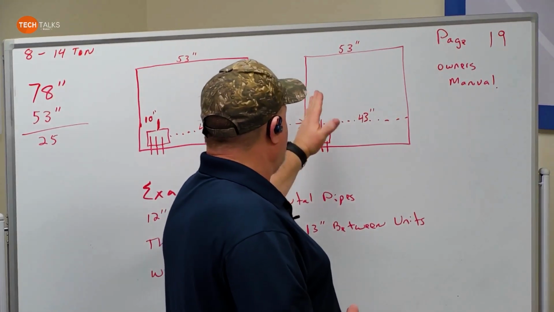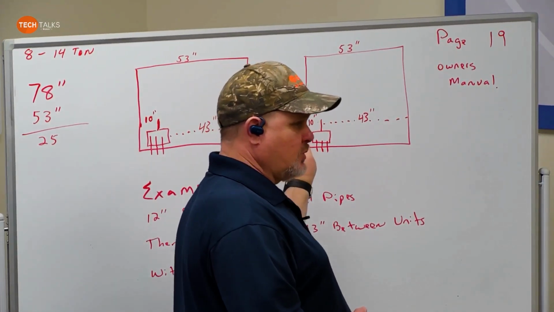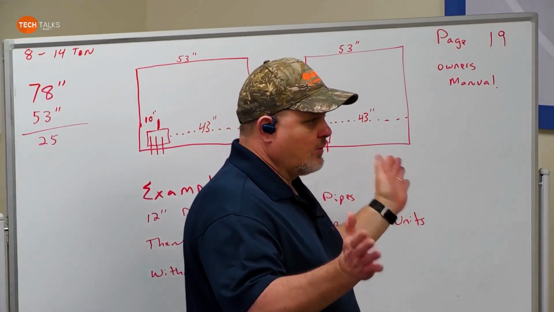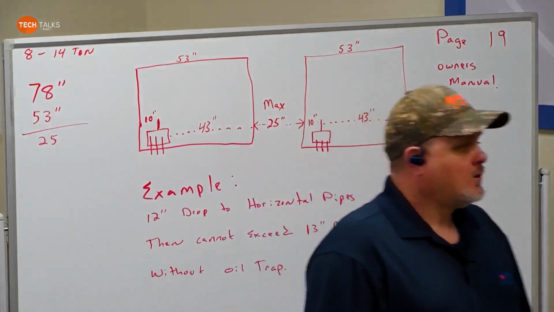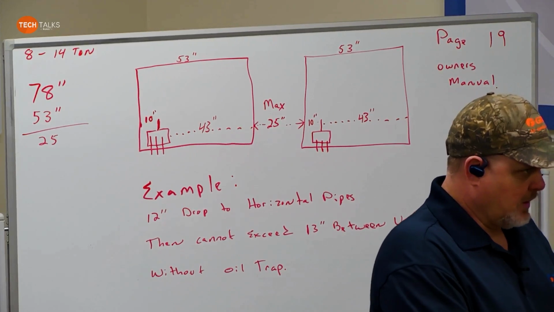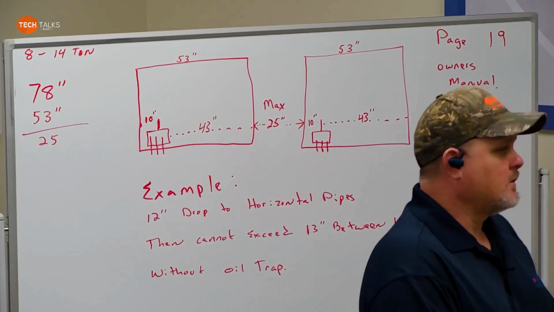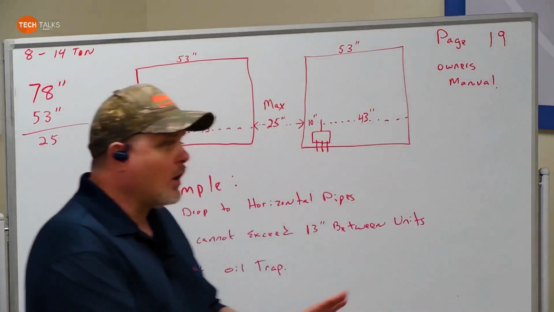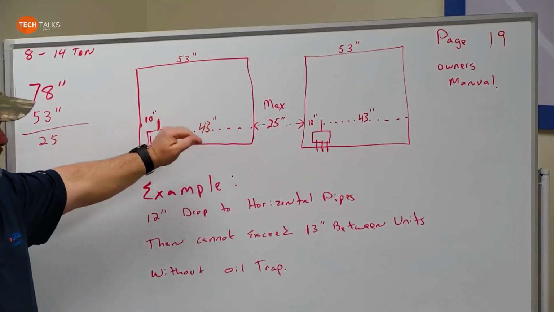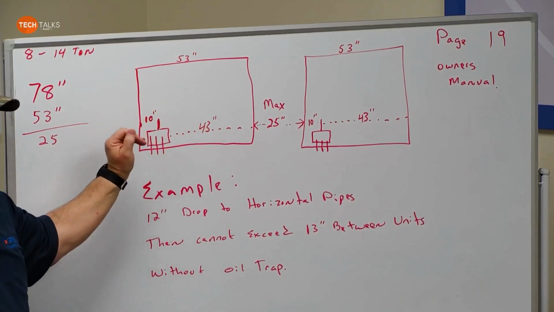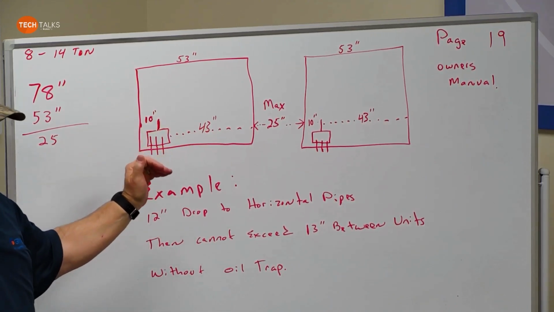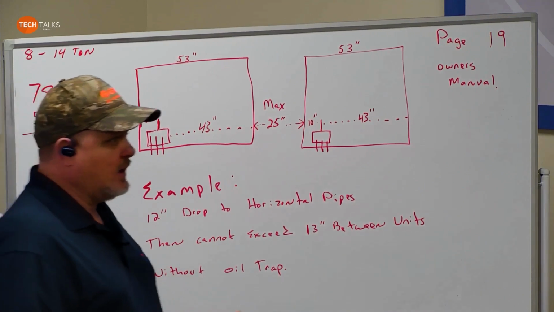As long as you keep less than 25 inches between those units, you don't have to worry about the oil trap. You're talking more for clearances depending on whether you're in a pit or open air or whatever. So, yeah, you're not wrong, but this is something else when we're looking at clearances that we got to pay attention to, because whether or not we need to add that oil trap, it all has to come together in the end, right?